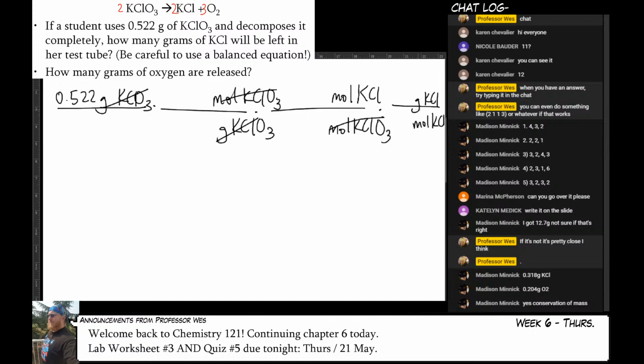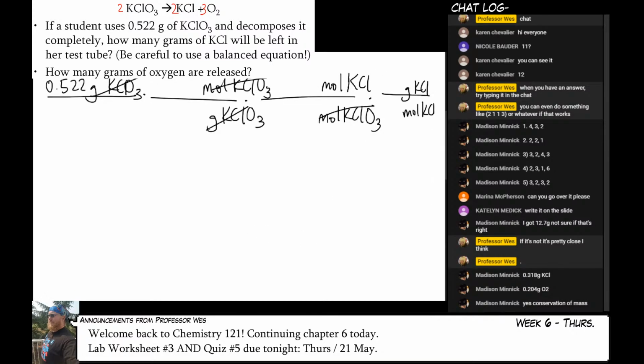And then how many grams are there for KClO3? I've got to look these up. KClO3 is 122.55 per mole. KClO3 is 2, KCl is 2.